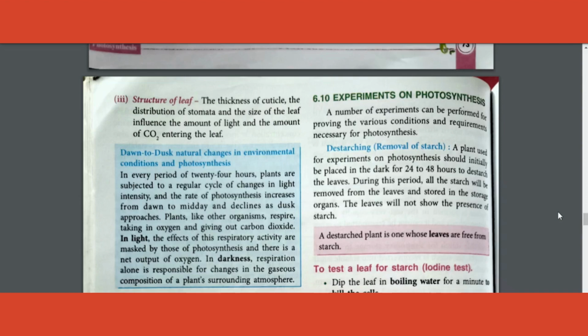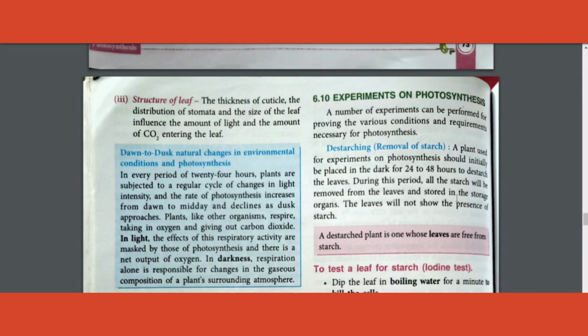So first and foremost, the question that is asked is, why do we de-starch a plant before we start a photosynthesis experiment? For that, we should know what is meant by de-starching, isn't it? So what exactly is de-starching, and when we de-starch a plant, what exactly are we doing?